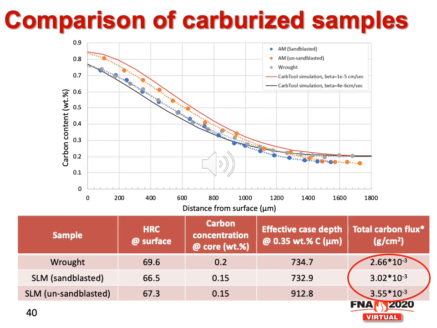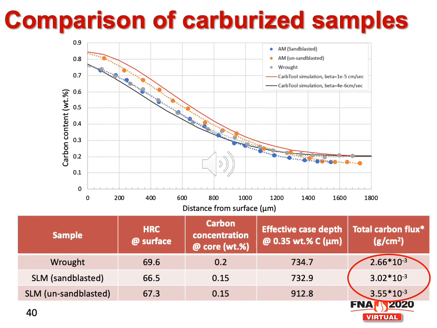And also we summarize the data we got for the carburized parts. We can see the Rockwell hardness on the surface is very close between them. The main difference is the carbon concentration at the core.